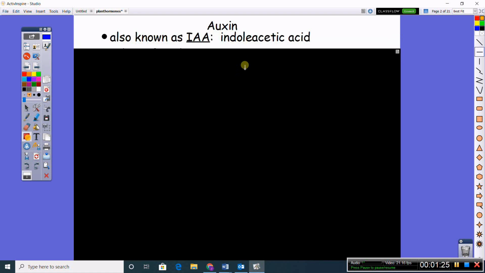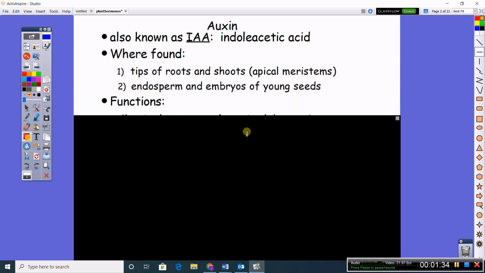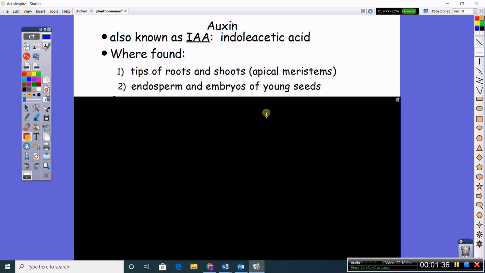Okay, so auxin is also known as IAA, which is indole acetic acid. That's just another name for it. Where do we find it? Not that where we find it is the biggest deal in the world, but hopefully where we find it kind of goes along with what it does. Where we tend to find this is in the tips of roots and shoots, so your apical meristems.